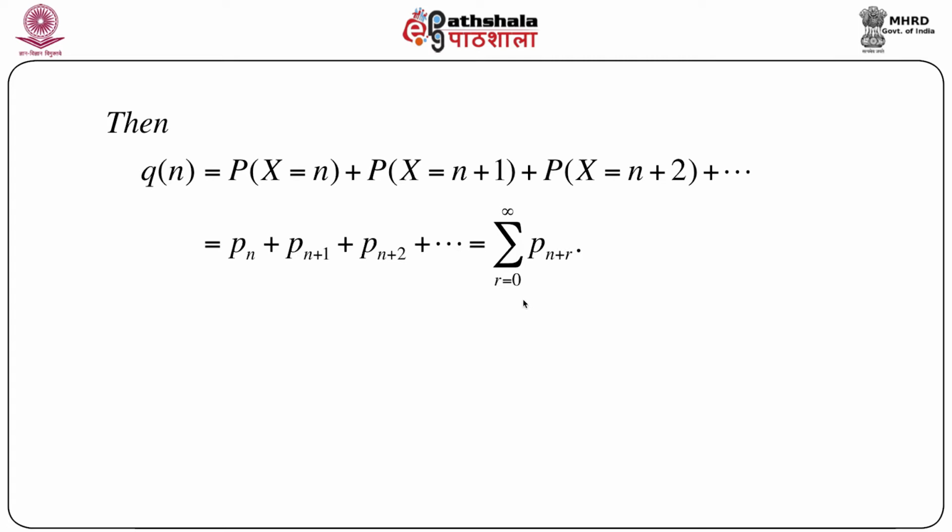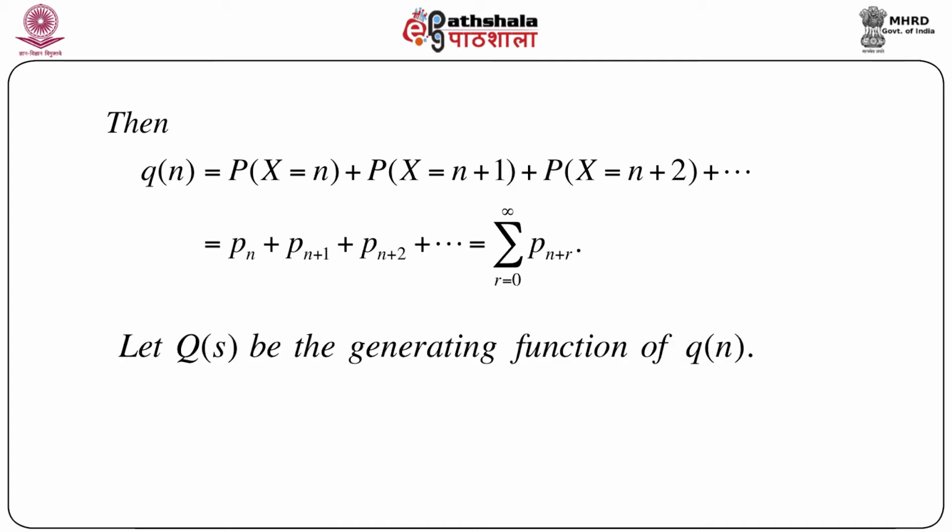In terms of notation, this equals p_n plus p_(n+1) plus p_(n+2) and so on, which is the summation over r from 0 to infinity of p_(n+r). This is q_n, but we have to derive the probability generating function for q_n.